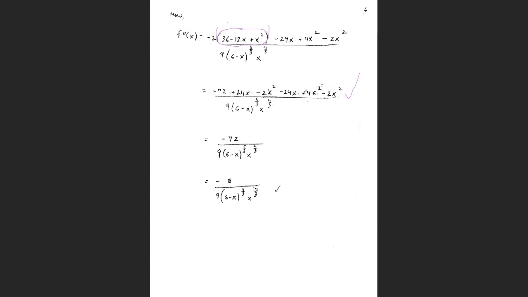Okay, and so nice things happen here when we multiply out the numerator. The 24x's cancel out.